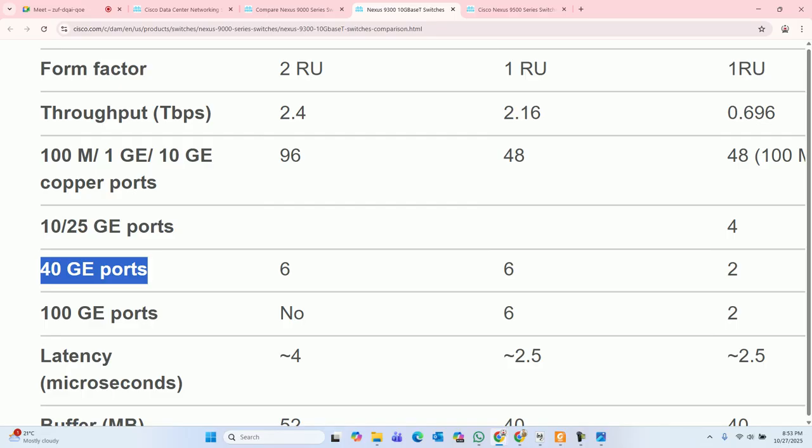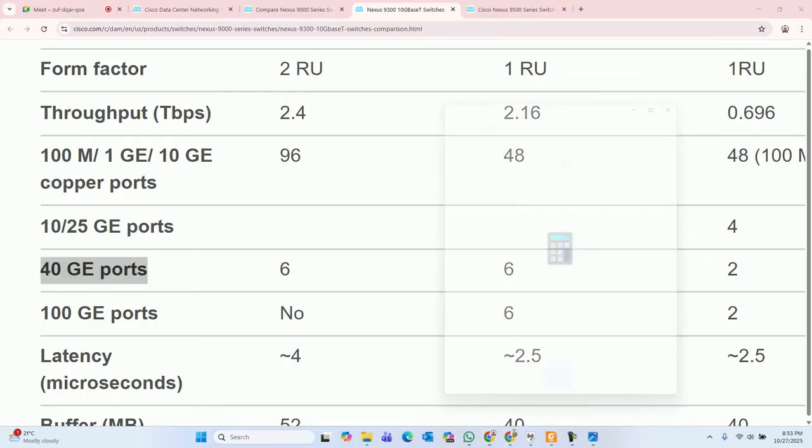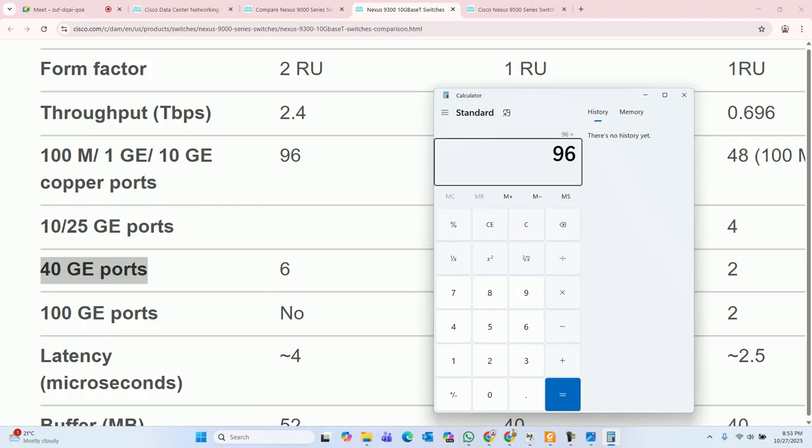Maximum they can go up to 40 Gbps. So if we do this math, 96 times 10 gives 960 Gbps of throughput, plus 6 times 40, which is 240. So you add 960 plus 240 and get 1200.